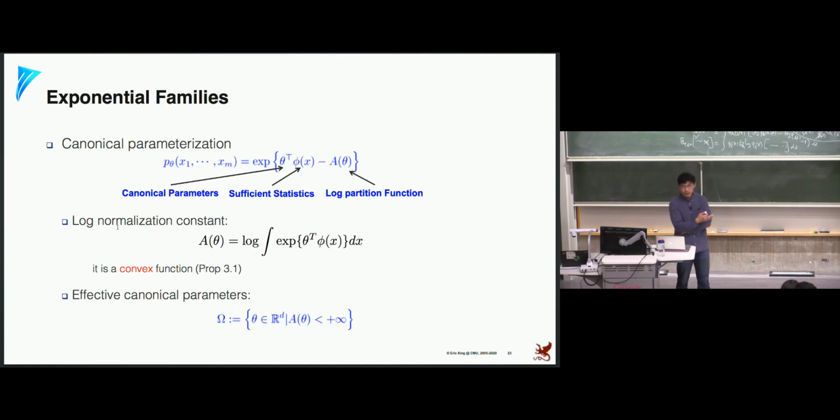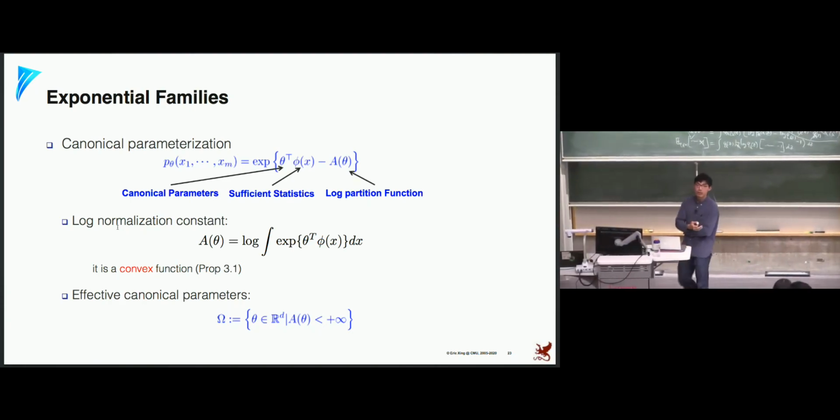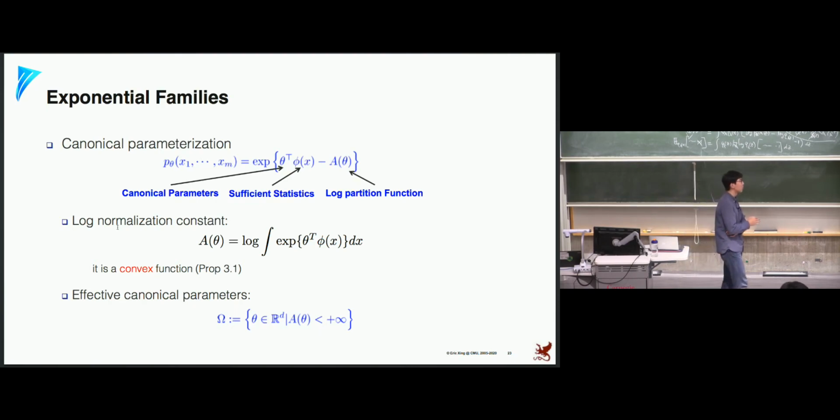And A's role is basically just to make things normalized. You can view it as a log normalization constant. Sometimes it's also called the log partition function. In the latent variable model case, it's also equivalent to the data likelihood. And one important thing in exponential families is that whatever exponential family distribution you have, the log partition function A is going to be a convex function.